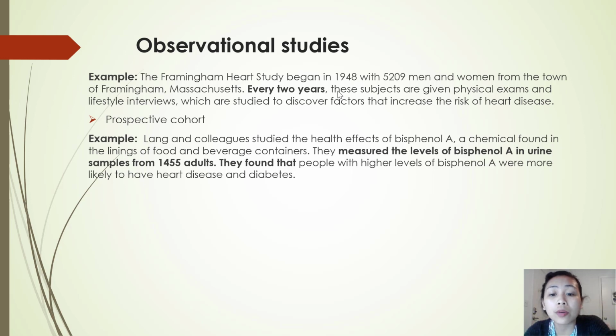They found that people with higher levels of bisphenol A were more likely to have heart disease and diabetes. In this case, the study was conducted only one single time. They measured and then they found that. They don't wait until next year to repeat the experiment and record another result. So this is a cross-sectional cohort.